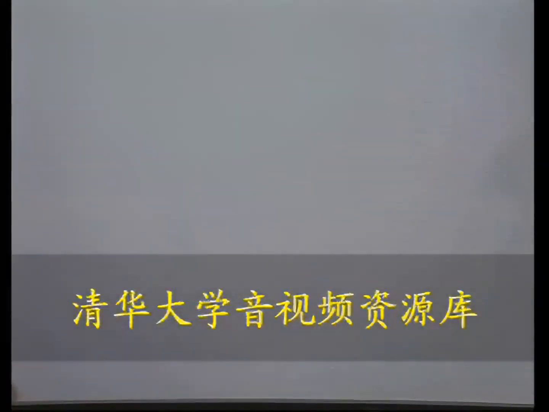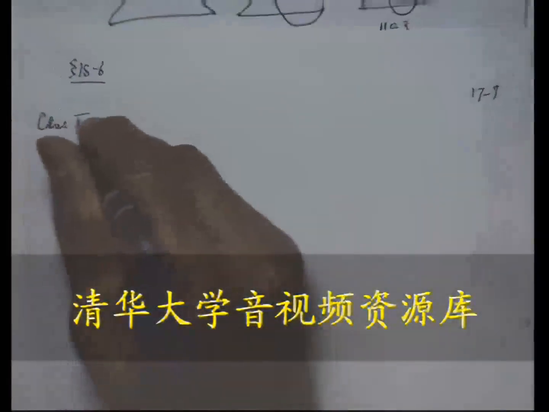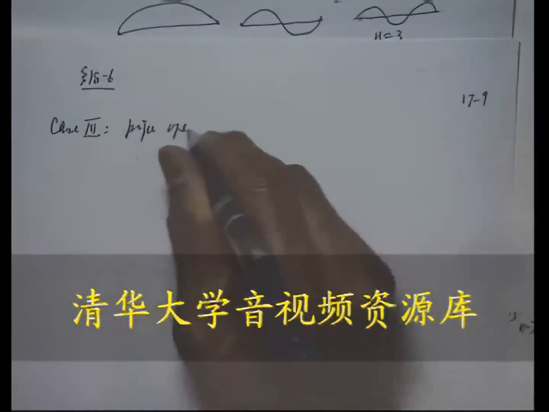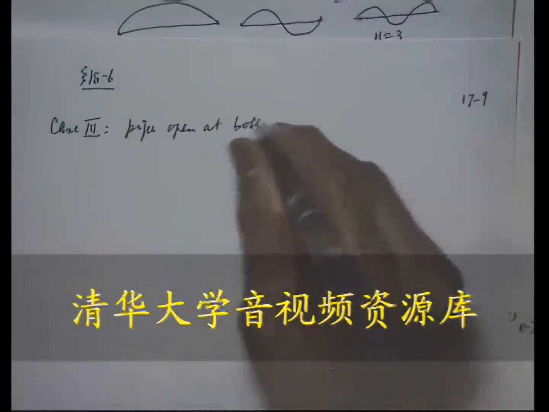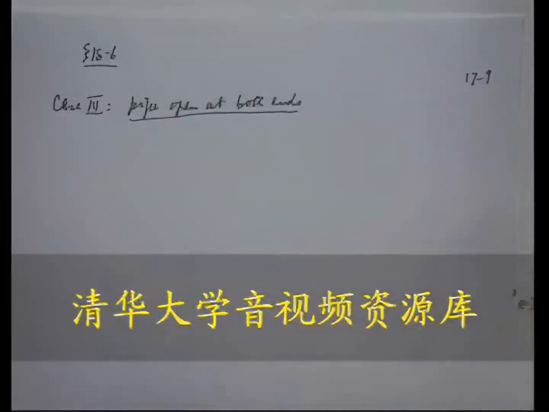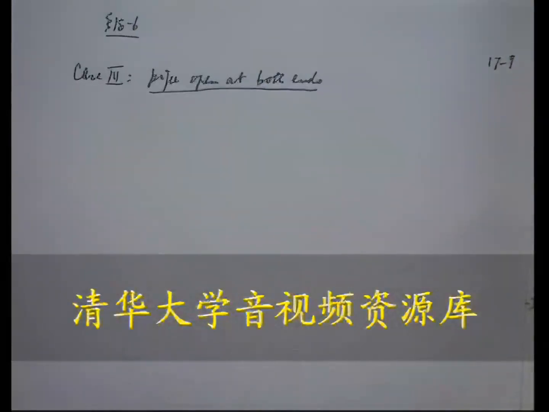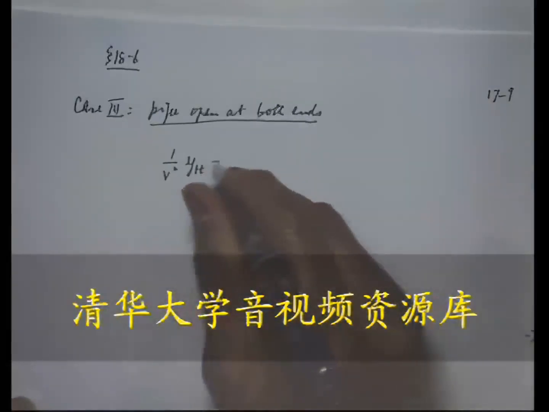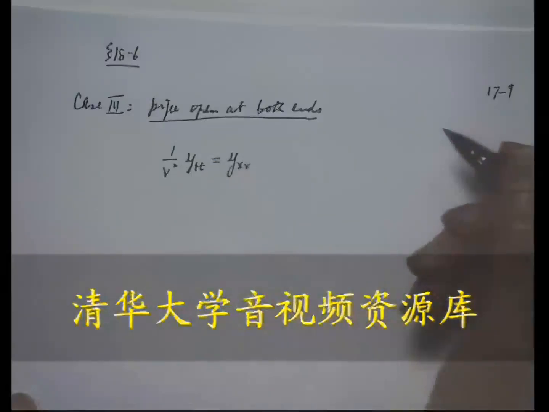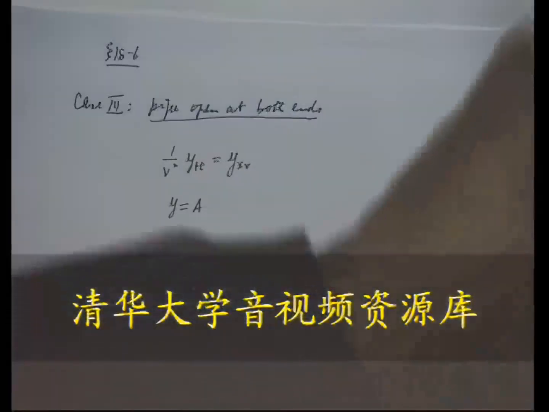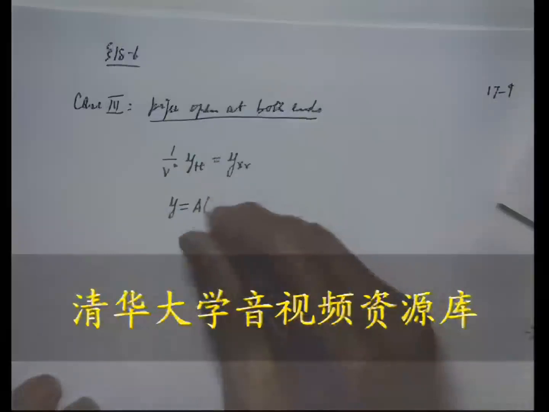Let us go through the case of case 3. Pipe open at both ends. The equation is the same: 1 over v squared y tt equal to y xx. We again write y as A(x) times B(t).